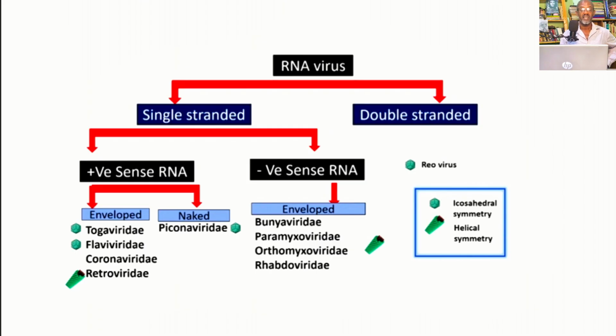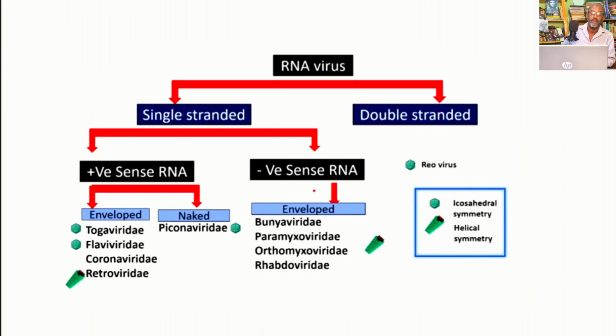RNA viruses could be single-stranded or double-stranded RNA viruses. Single-stranded RNA viruses could be positive sense or negative sense. By the way, with positive sense RNA viruses, their RNA is directly used as messenger RNA, directly read by ribosomes and translated into protein.